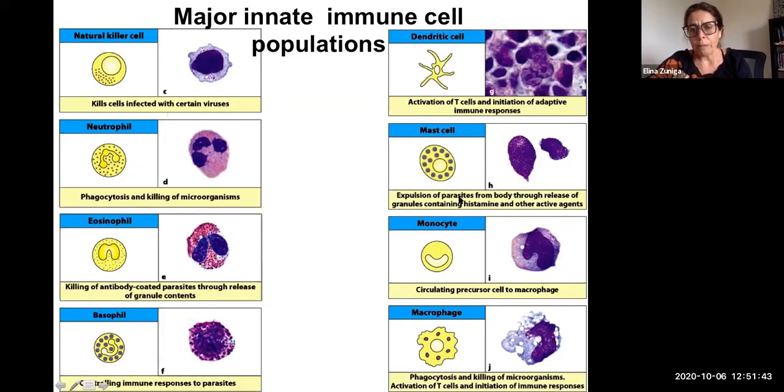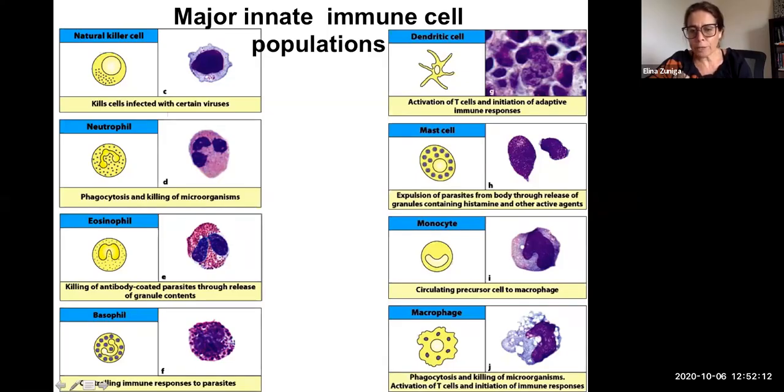Then we have the monocytes, which we learned are circulating precursors for macrophages, but can also differentiate into dendritic cells. And then we have the macrophages, which are phagocytic cells and contain in their lysosomes factors that help kill microorganisms.